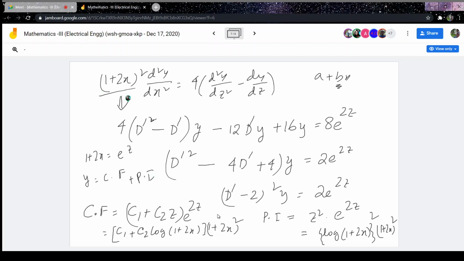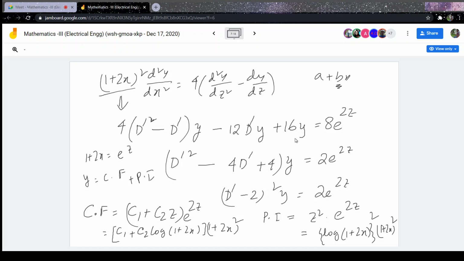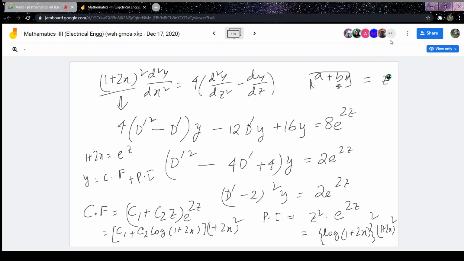It will be the same way. You have to just substitute a plus bx is equal to your z. So you will get the solution in this form, like before. So you will be able to solve this type of problems also. So this is how to solve homogeneous linear equations with variable coefficients.